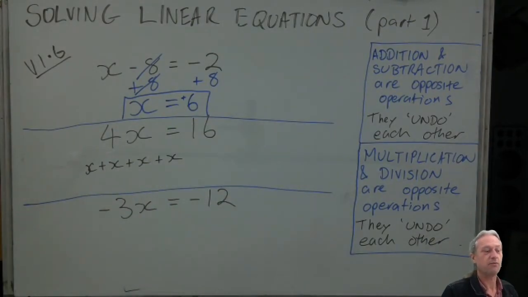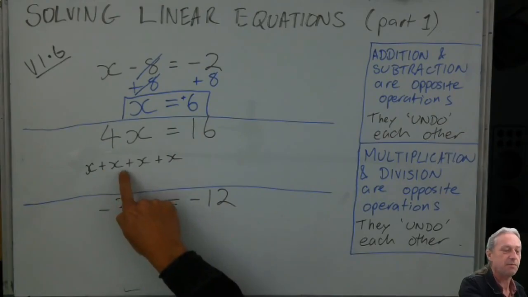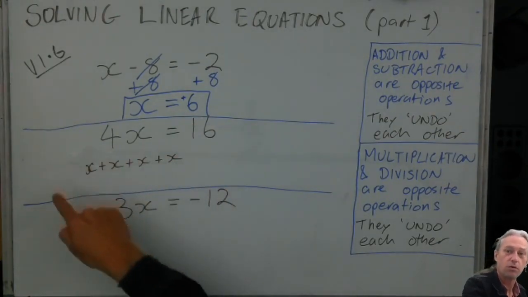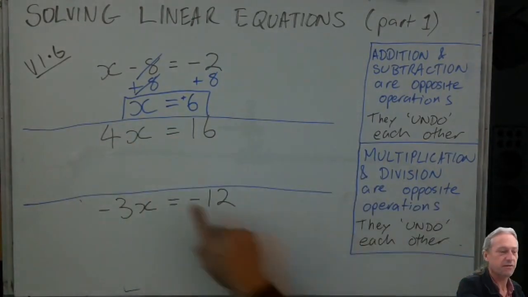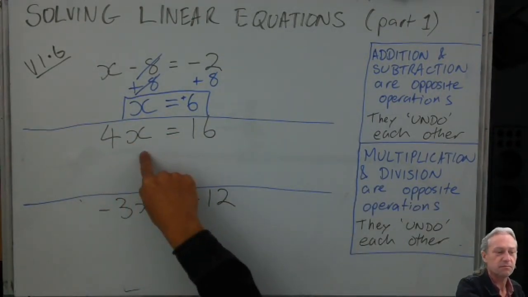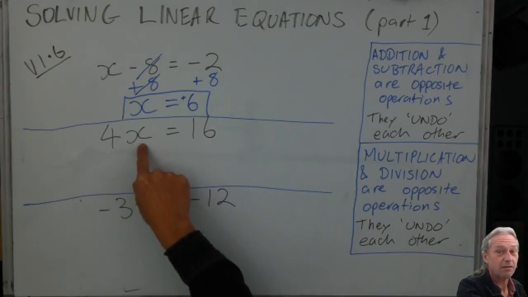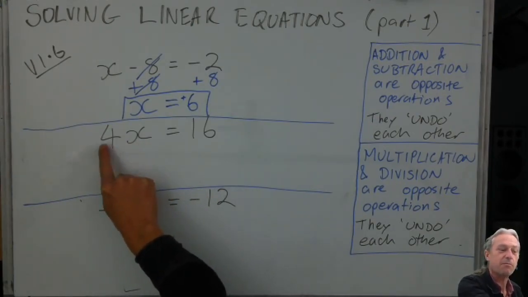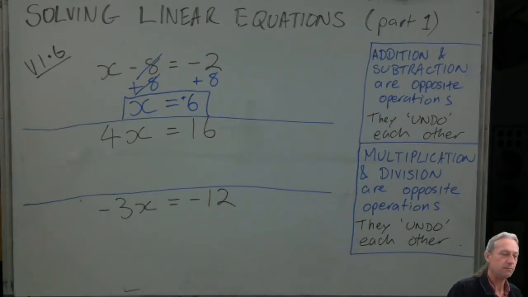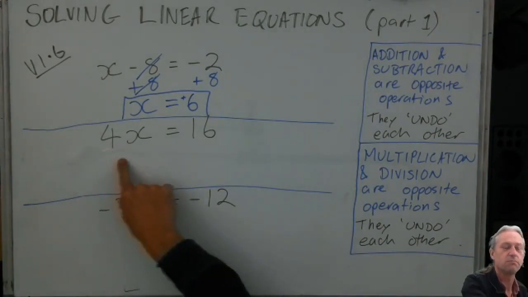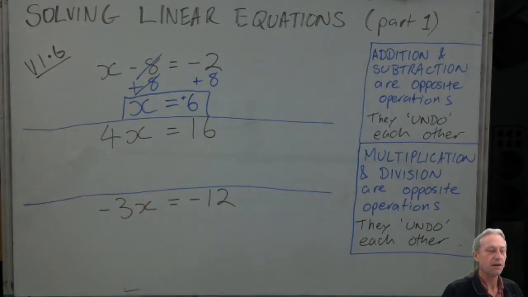In the same way that if we had 3 plus 3 plus 3 plus 3, we'd have 4 lots of 3. So this is sort of the way that we write when we have an unknown. A number in front means that these two things are actually multiplied, because we've got 4 lots of x.